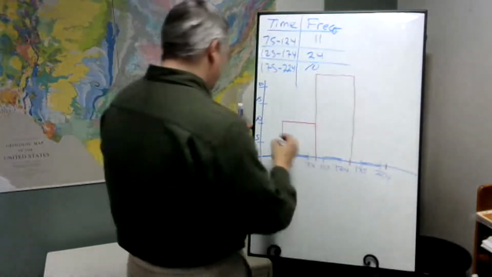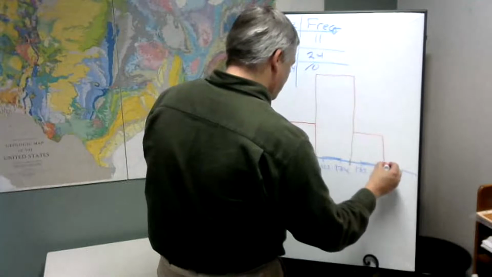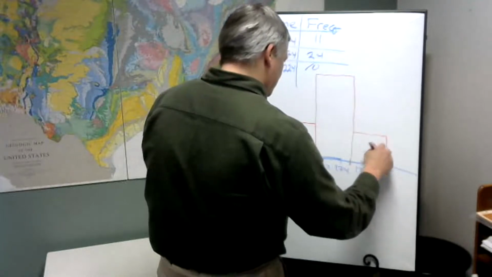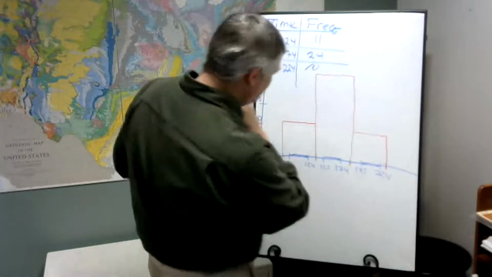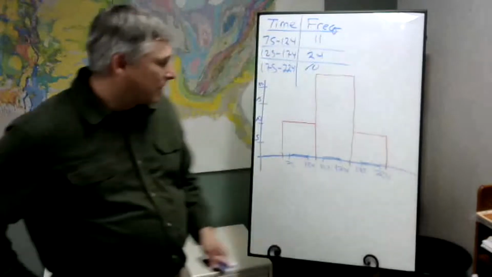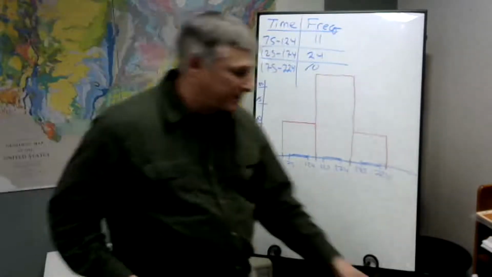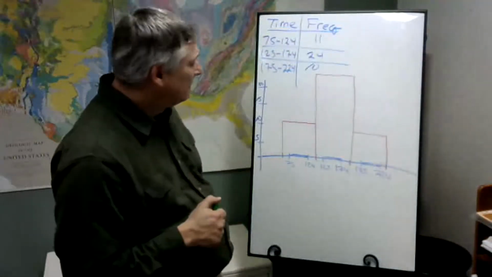And then this last one's 10. About like that. So those would be our bars. And so this would be our histogram. Again, a histogram we use for numerical data. Bar graphs are used for categorical data.